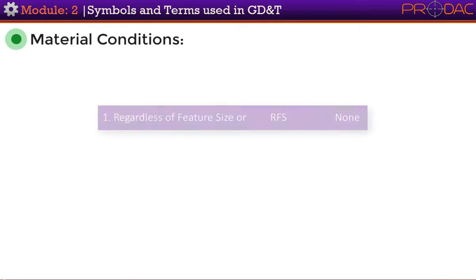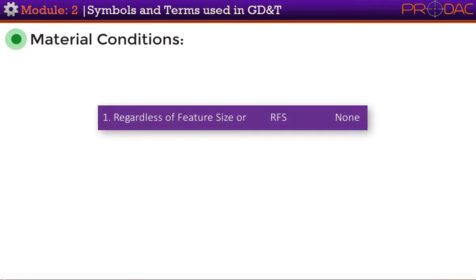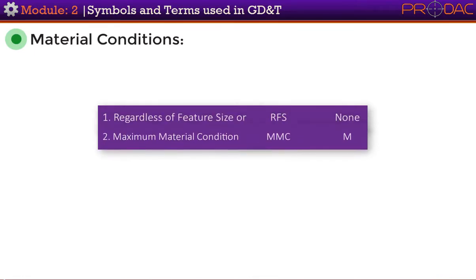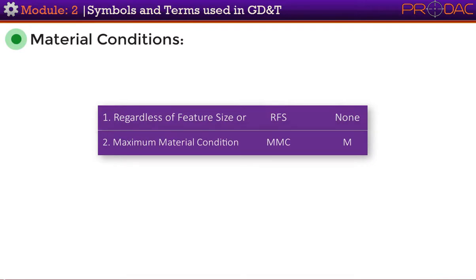Next, we'll talk about material conditions in GD&T. GD&T deals with primarily three kinds of material conditions. Regardless of feature size, also called RFS. Maximum material condition, also known as MMC.